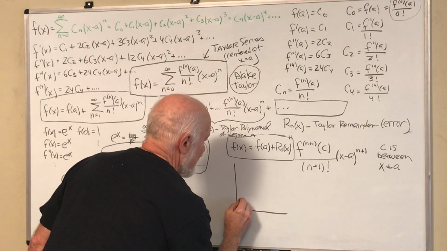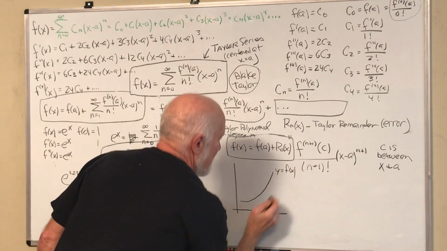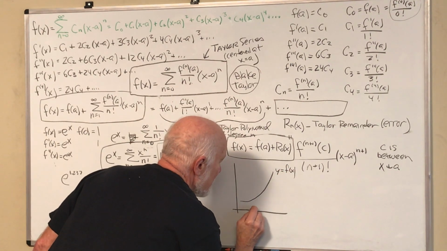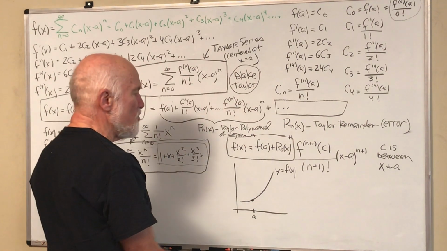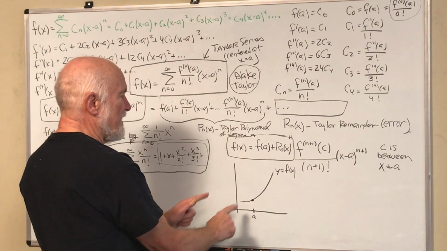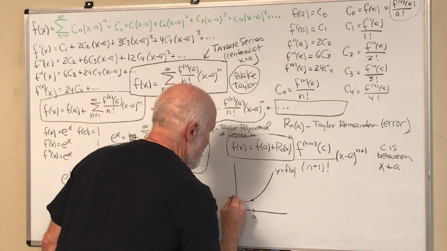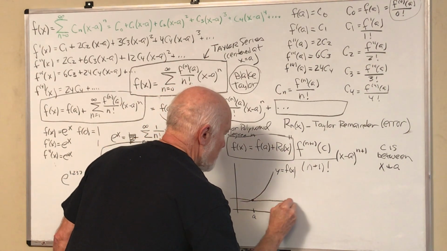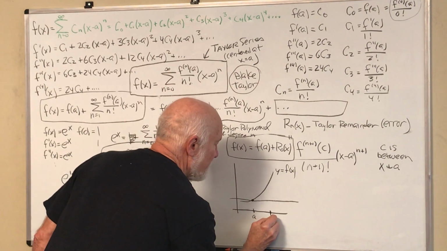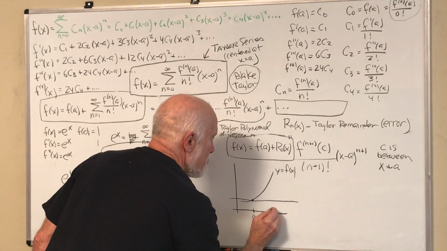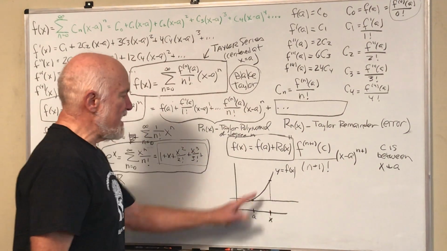Now, if you take y equals f of x, and you take a point right here, A, and then you were approximating y equals f of x with y equals f of A. So that would just be this horizontal line right there. So what if we then plugged in the value x? The error that we're going to get is right here.